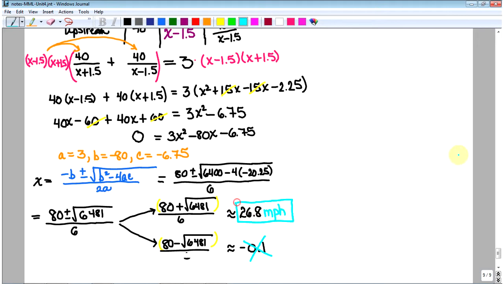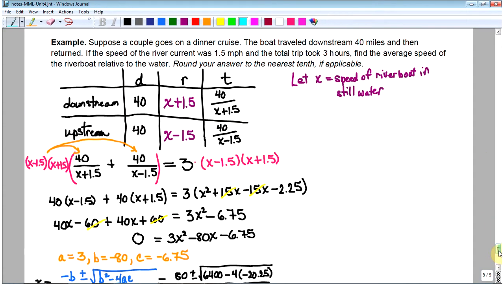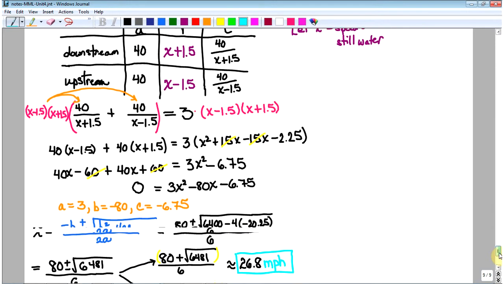Let's make sure that we've answered the question: find the average speed of the riverboat relative to the water. So we know it's traveling 26.8 miles per hour in still water. To figure out its speed going downstream, we would just add 1.5 to that amount. And to find the speed of it going upstream, we would subtract 1.5 from that amount.